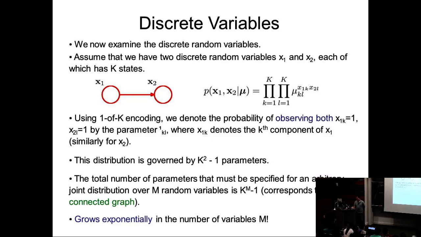So remember the one-of-k encoding scheme: this parameter mu kl is just the probability that the first random variable takes value k and the second random variable takes value l, and so forth. So this distribution is governed by k squared parameters, minus 1 because they have to sum up to 1.